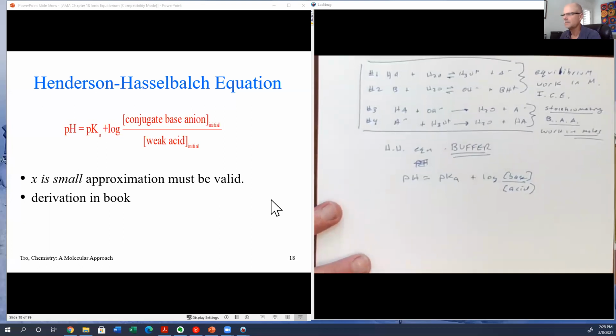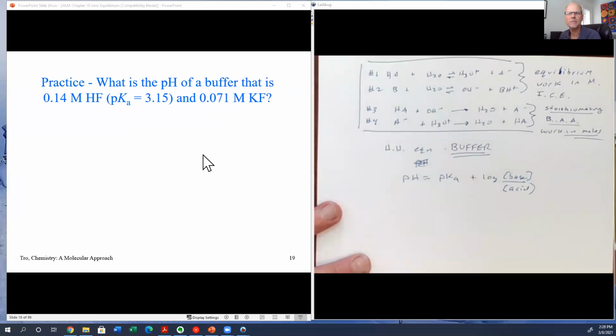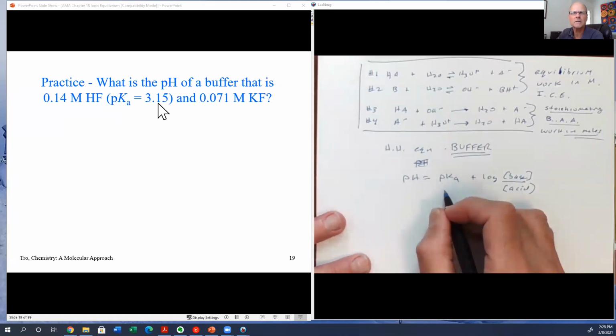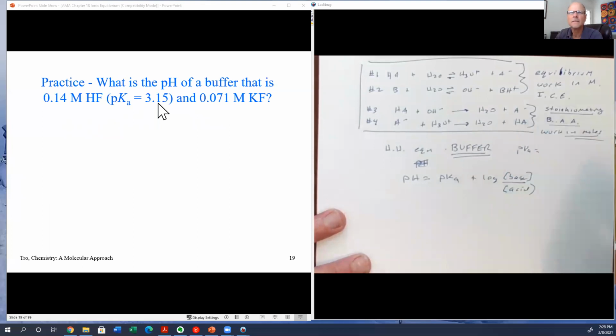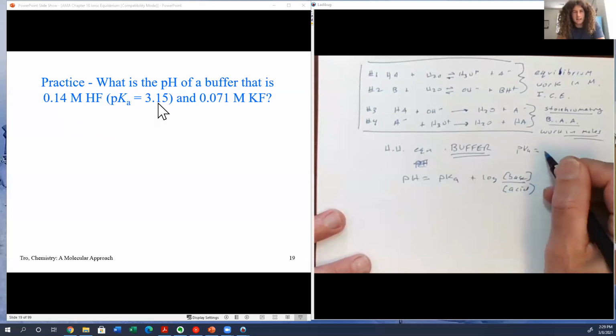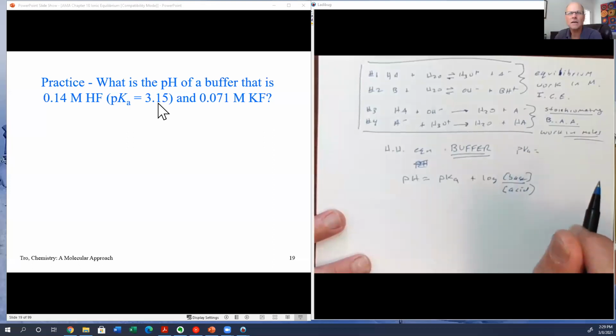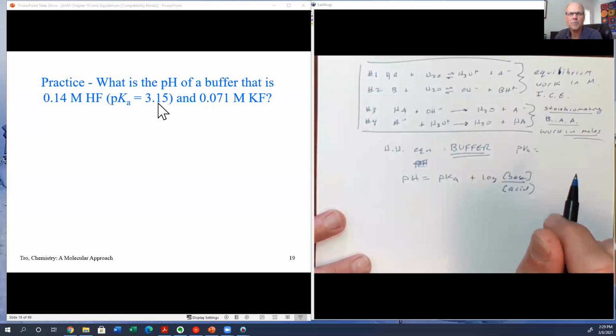Okay. So let's do that same problem again that we just did, but now let's do it using this equation. pKa, do you remember what pKa is? Who could tell me? Is that the acid ionization constant? Ka is the acid ionization constant. What's pKa?